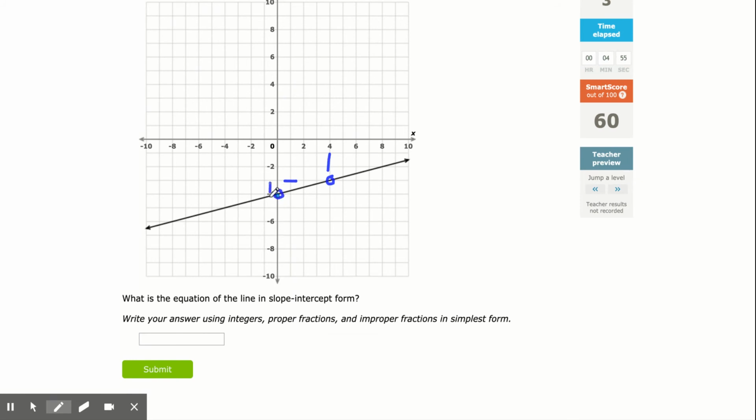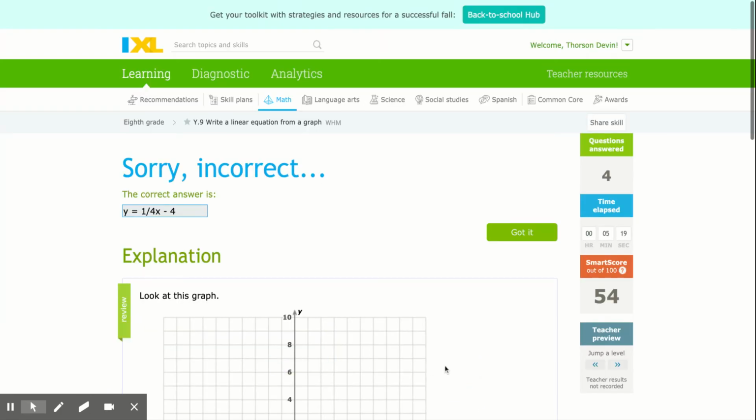So I went up 1 and I went over 4. Up 1 over 4. Remember, up and down is always on top. Left and right is always on bottom. So my equation is going to be y equals 1 over 4 times x and minus 4 because I had a y-intercept of negative 4.